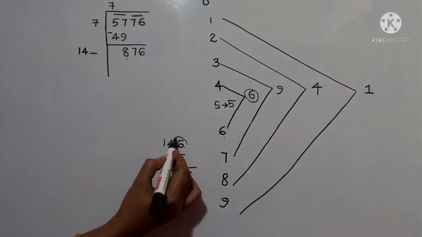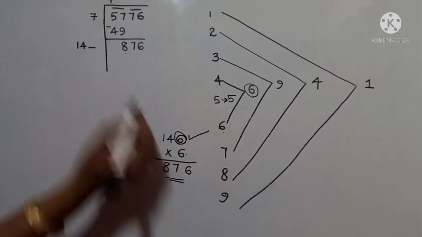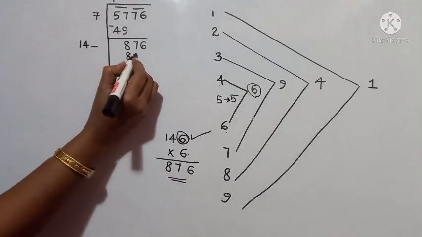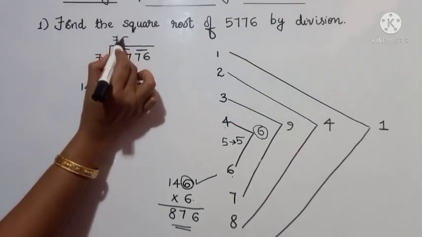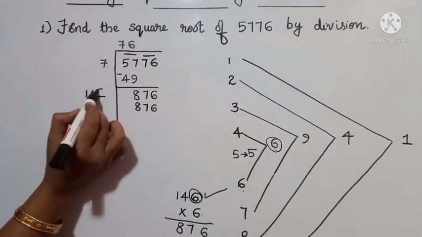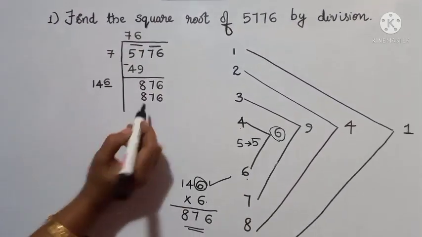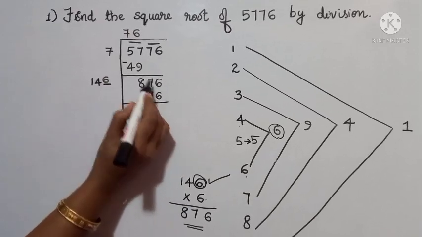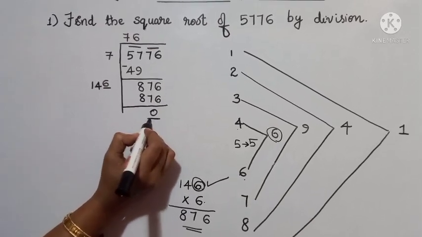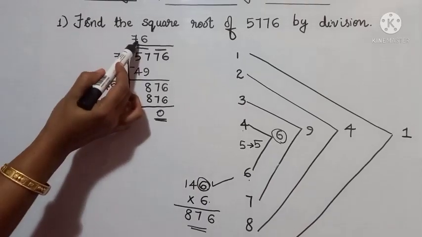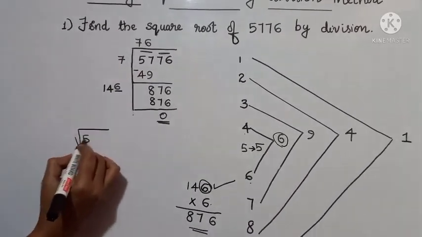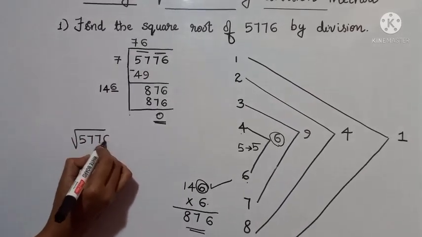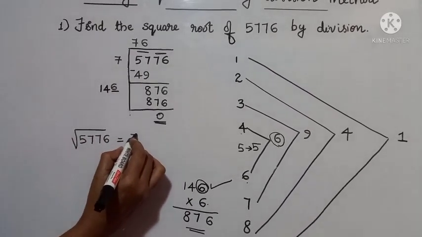So we select the digit 6. We write down this 876 here, and write this 6 in the quotient place and in the divisor place, and find the difference. We are getting 0, and our quotient is 76, so the square root of 5776 is equal to 76.